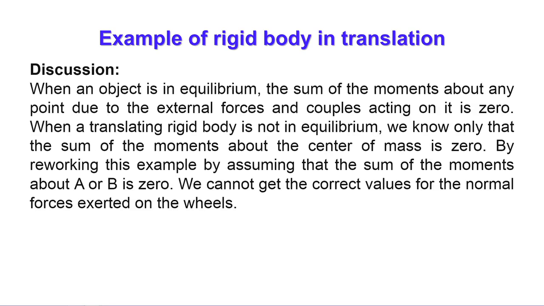So, here the object is in equilibrium and already it is given that the sum of the moments about any point due to the external forces and couples acting on it is 0. When a translating rigid body is not in equilibrium, we know that the sum of the moments about the center of mass is 0. So, by using this we have found it out.